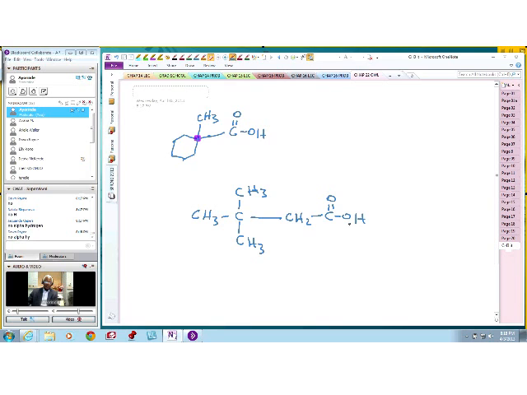Can you make this compound directly from malonic ester synthesis or acetoacetic ester synthesis? Yes or no? I see a lot of yeses here. The answer is no.